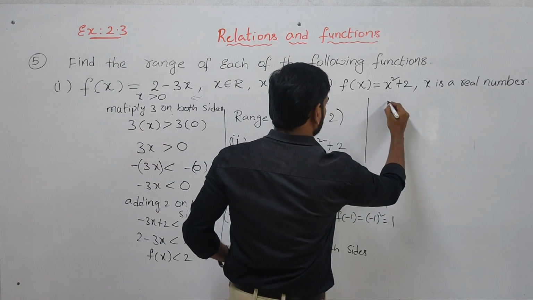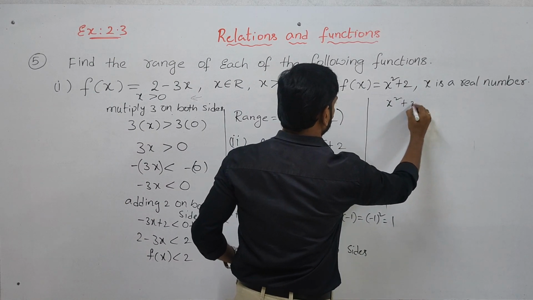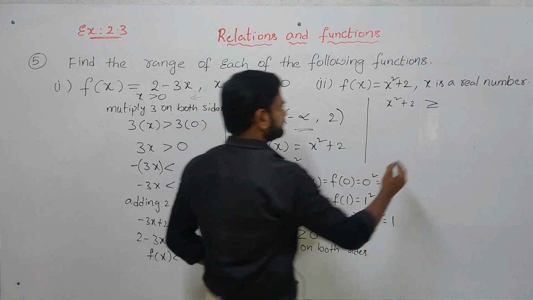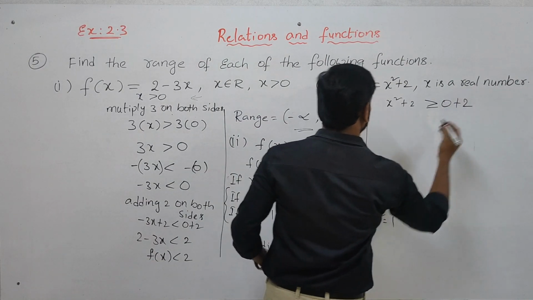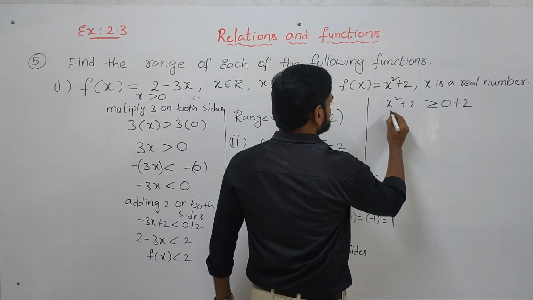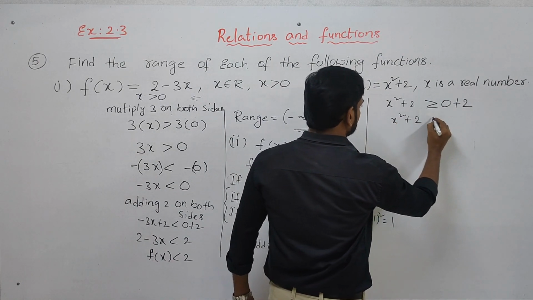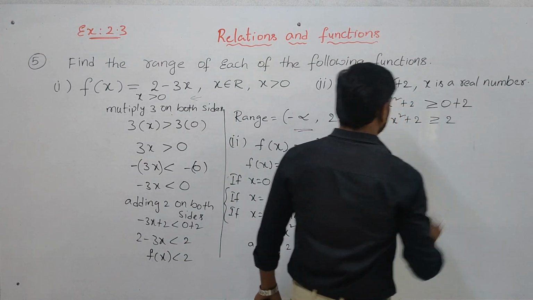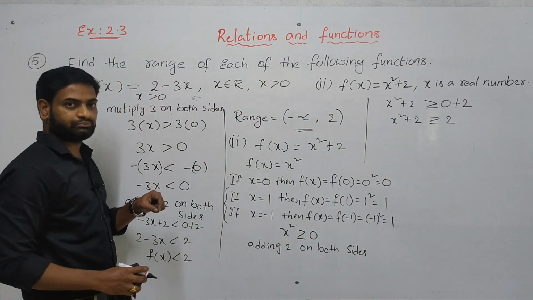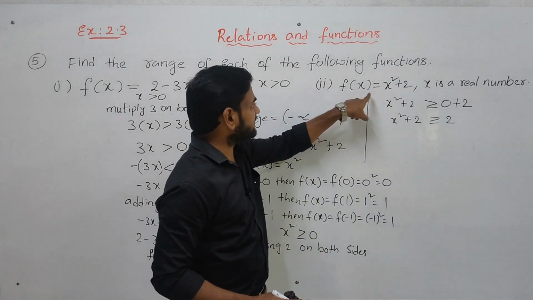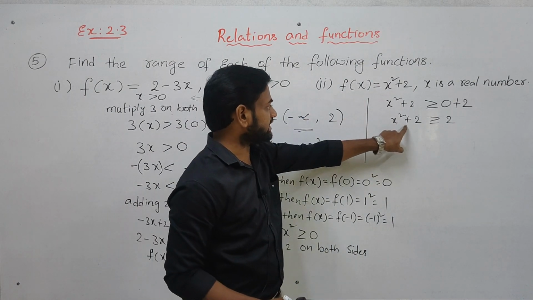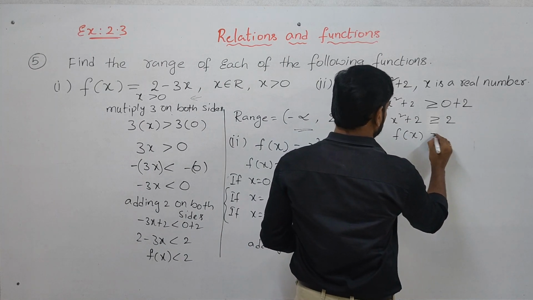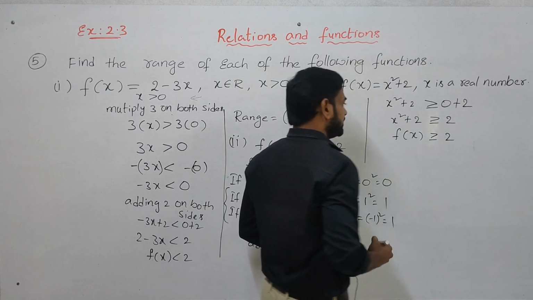That is x square plus 2 greater than or equal to 0 plus 2, which is 2. x square plus 2 means it is f of x. So in place of x square plus 2, I am writing f of x greater than or equal to 2.